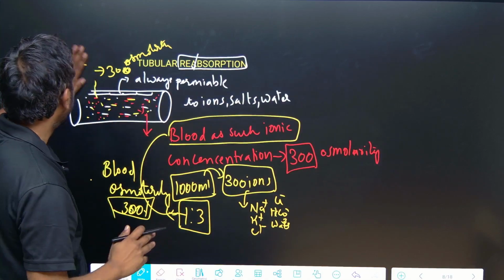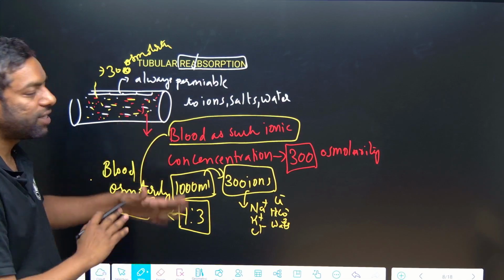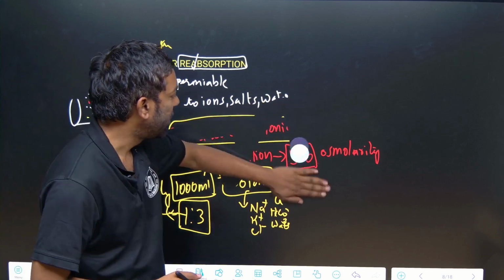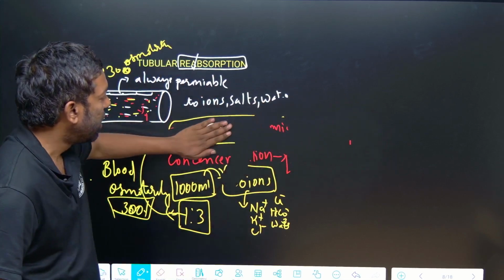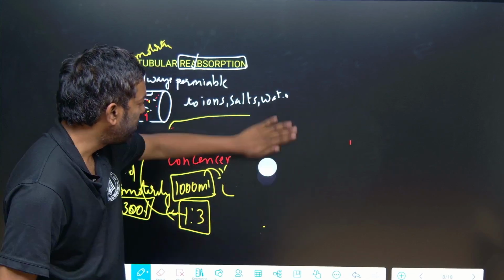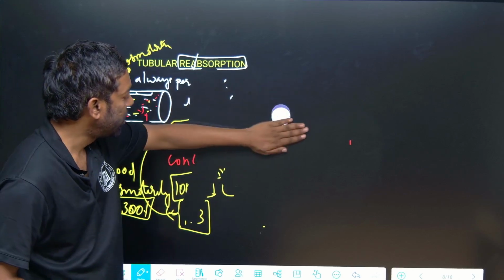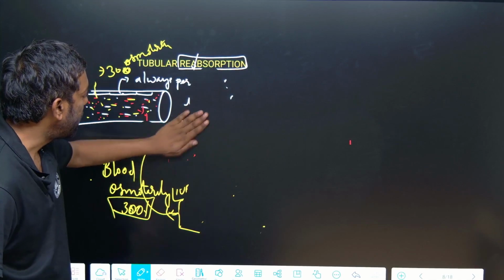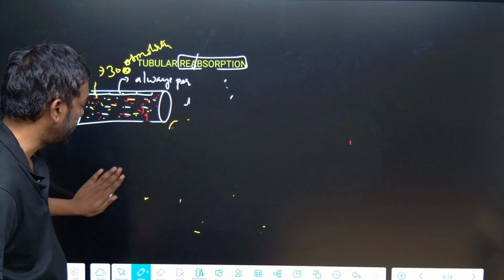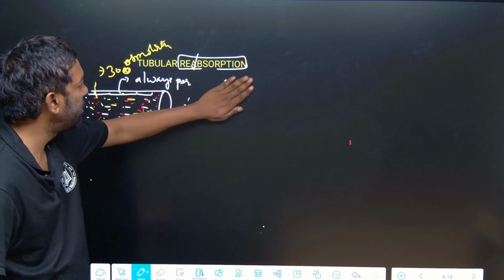If the blood capillary carries blood of this ionic concentration to different organs in the body, those organs should have the same ionic concentration.